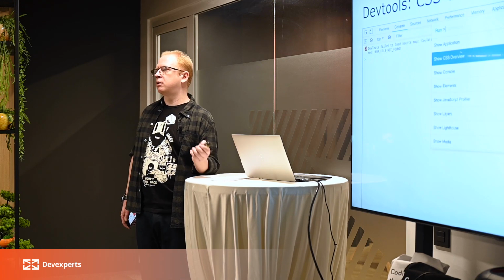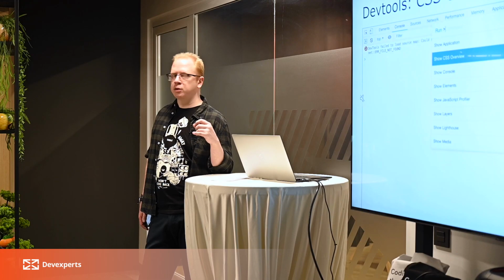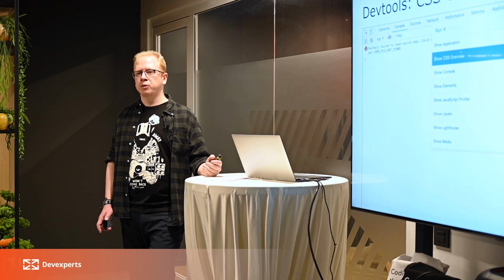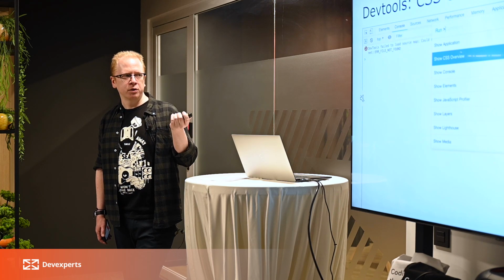It is available in all WebKit browsers. Basically, to get to this, you need to run the command prompt while having the development tools open. To open the command prompt, it's Command-Shift-P on Mac and Control-Shift-P on Windows. There you should find Show CSS Overview.